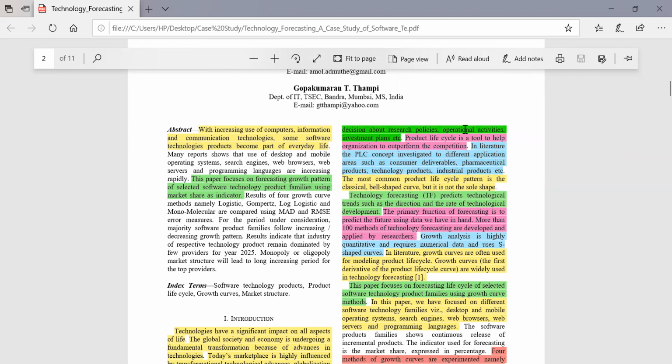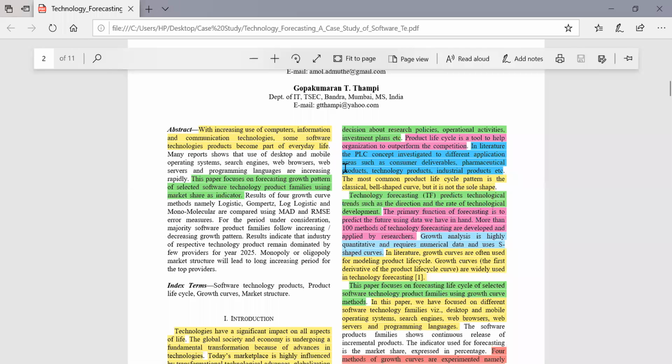Related to these concepts, much literature work has been done on the PLC concept, and they have investigated different application areas such as consumer deliverables, pharmaceutical products, technological products, industrial products, etc. Because every product has its own life cycle. It is not only software we were speaking about.